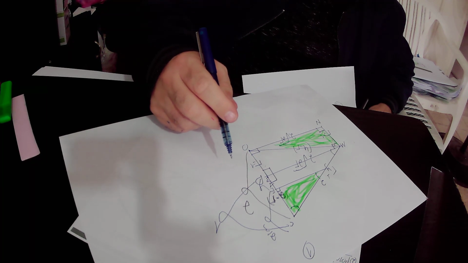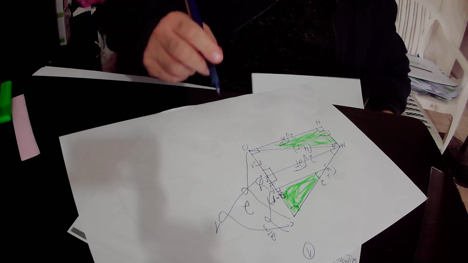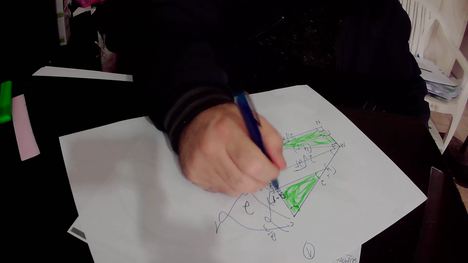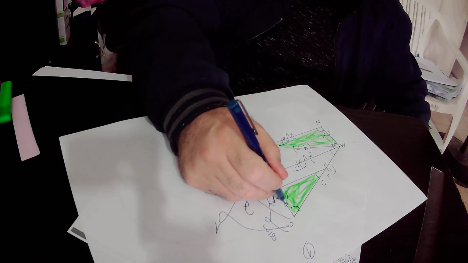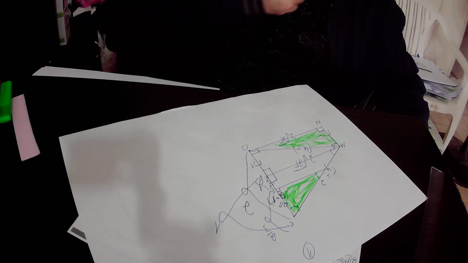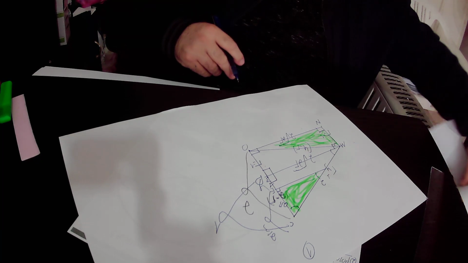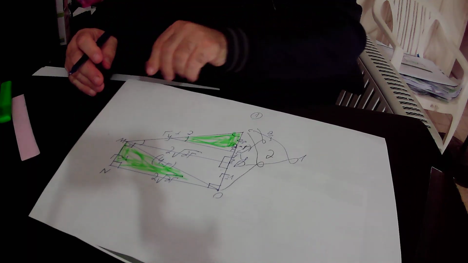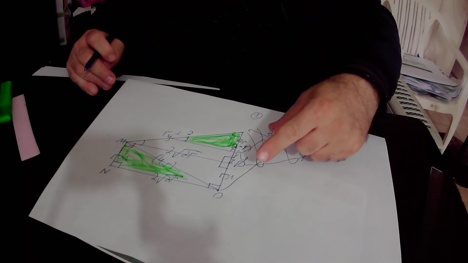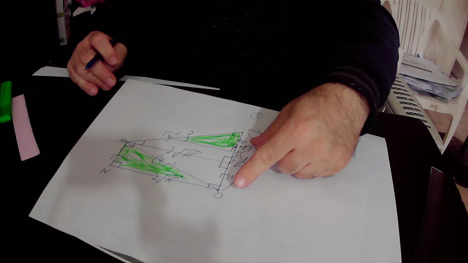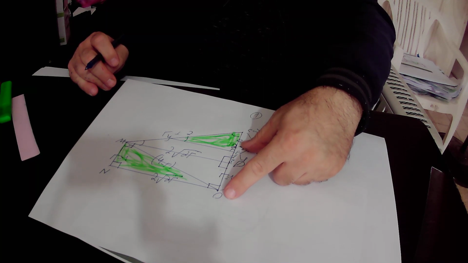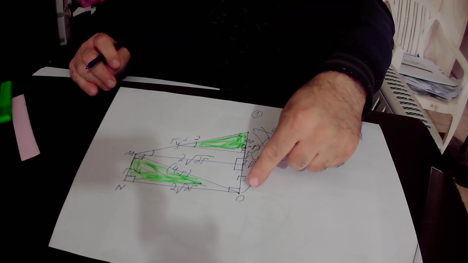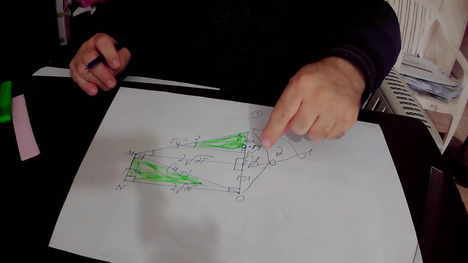And CE equals 2/3. So in total, you can see from the drawing that OE equals OD, that is 1, plus DE, that is 1/3.